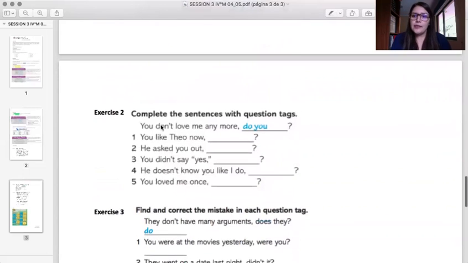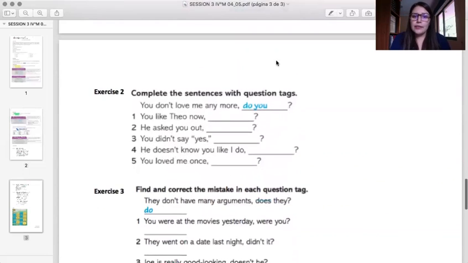In exercise number 2, you have to complete the sentences with the question tag. So, for example, you don't love me anymore, do you? I have the simple present because I use do and don't, and here I have a negative statement, and then I have to use a positive question tag.